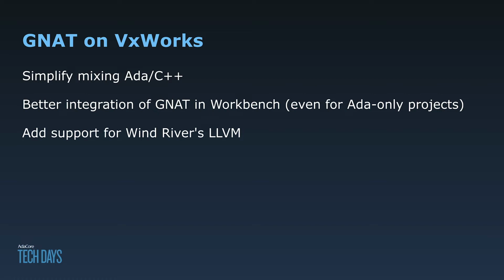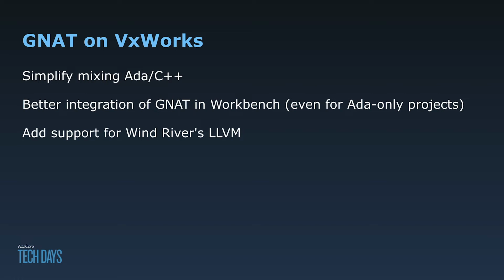Along which, so that's here, and that's also this part, which is to say adding support for building GNAT using GNAT for Ada and using the WinRiver C and C++ compiler, which is now on recent versions of WinRiver VxWorks based on LLVM compiler.